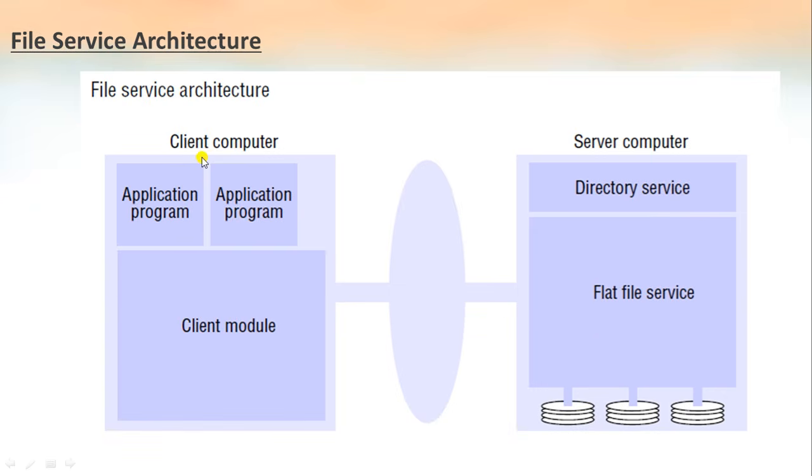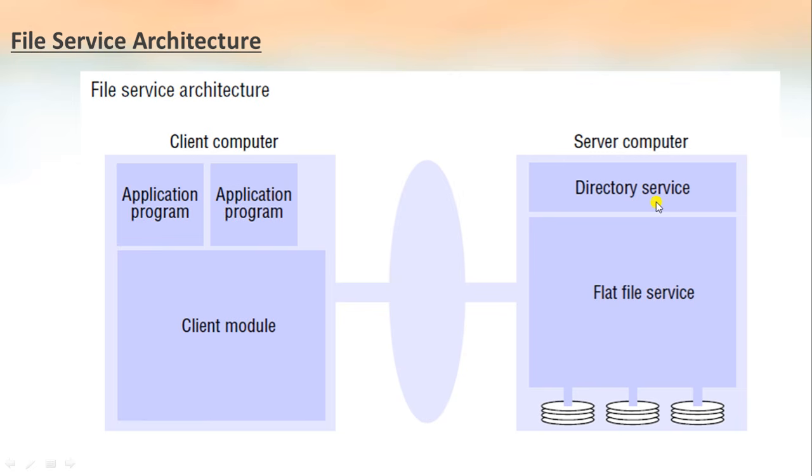So this is the file service architecture, and consider if we want to create a file. The client module will send a request to create a file with a particular file name. So the flat file service in the server computer will create the file and also create a UFID, and this UFID and the file name will be given to the directory service.